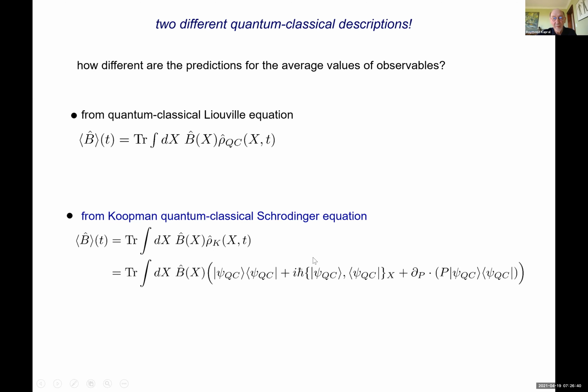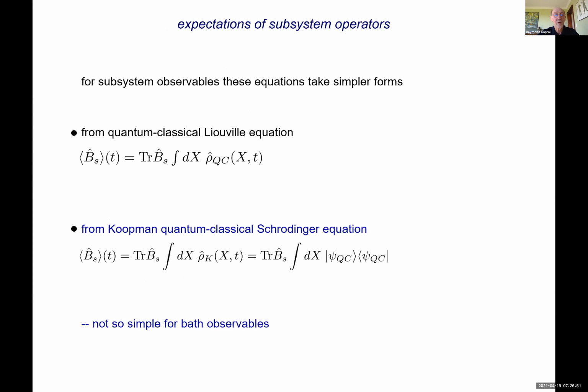In order to save time, I'm not going to discuss this full form because it's rather difficult to compare these expressions. But instead, I'm going to consider a simpler case where the observable that I'm looking at is an observable in the subsystem alone.